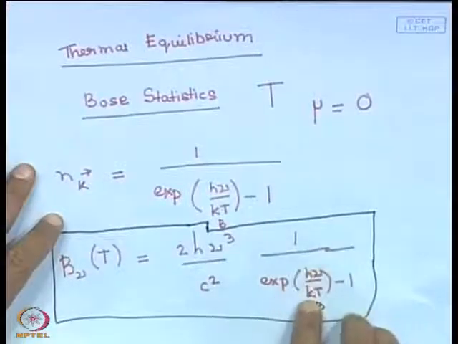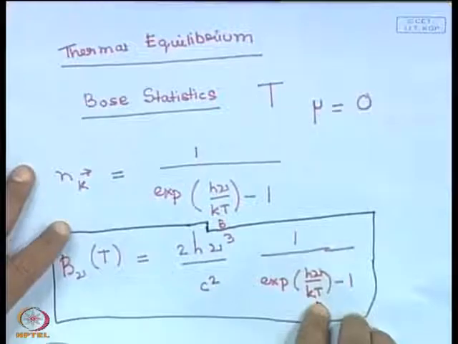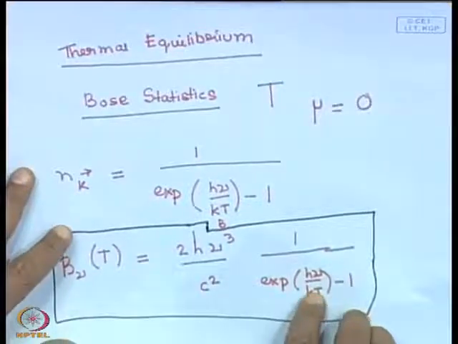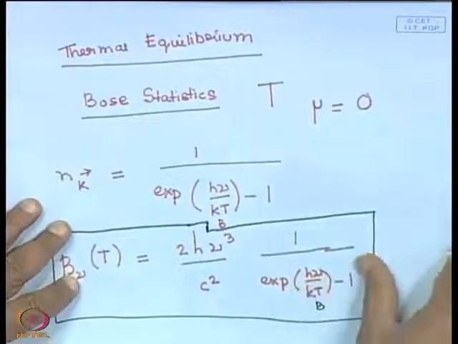Okay. So, first we will consider a certain limit, the limit being the situation where h nu by kB, the Boltzmann constant, into T is much less than 1. This is called the Rayleigh-Jeans limit. Okay.